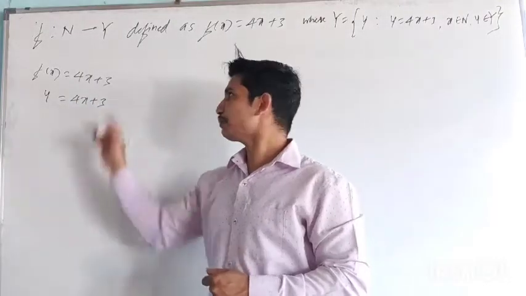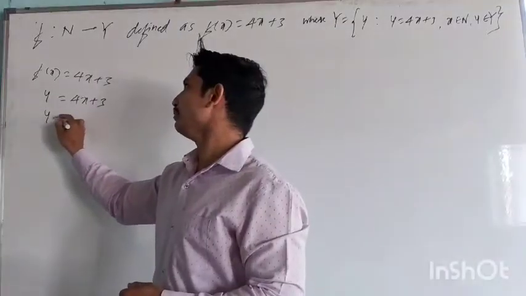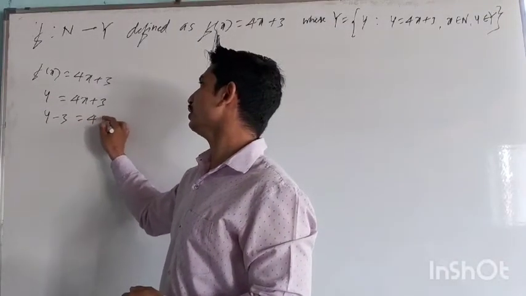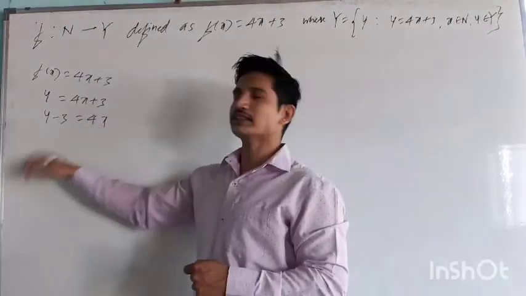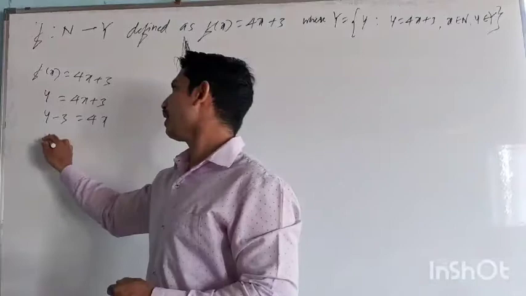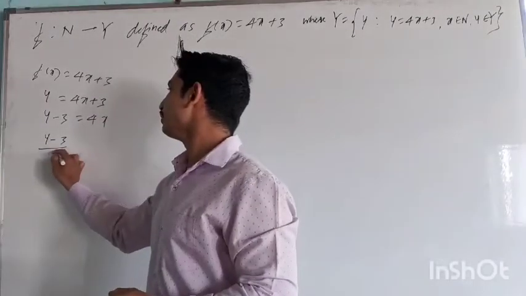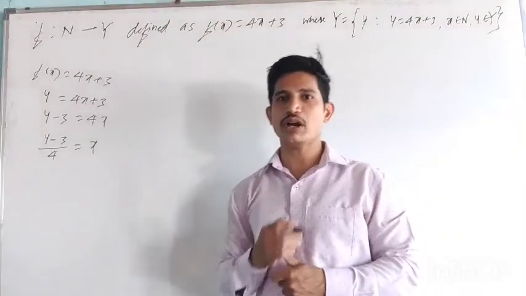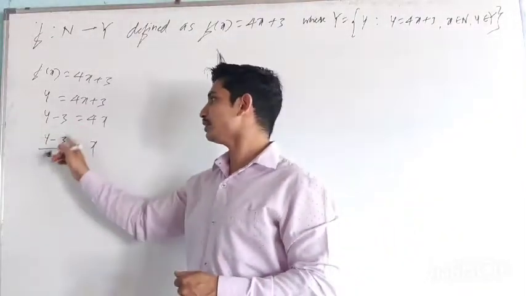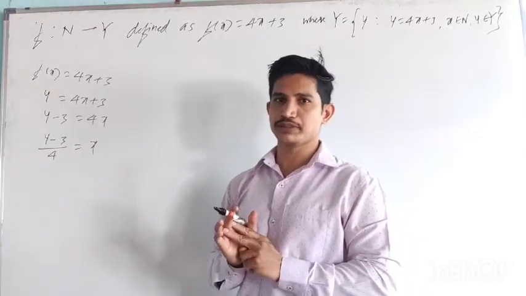Now plus 3 on this side becomes minus 3, so y minus 3 is equal to 4x. Now 4 transfers to this side and divides, so y minus 3 divided by 4 is equal to x. So the value of x is y minus 3 by 4. We got the value of x, so the first step is over.